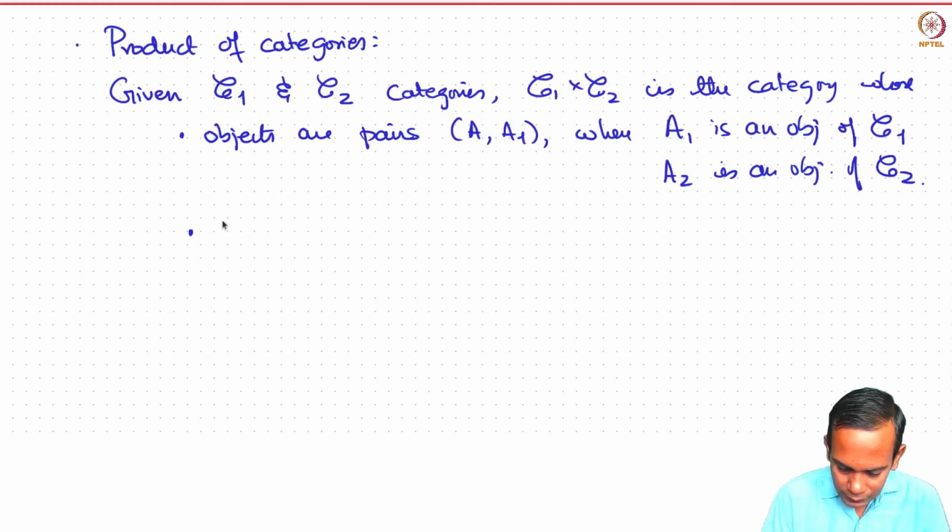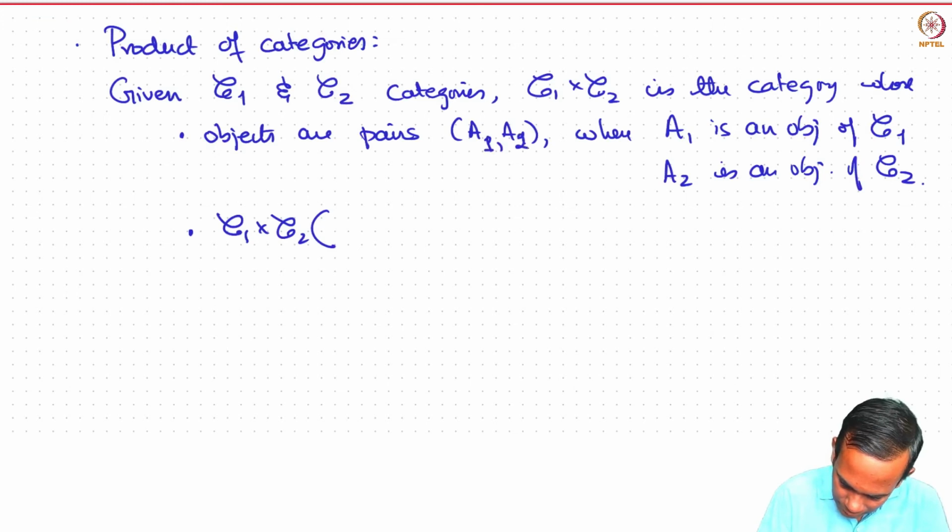We should also say what the morphisms are. For C1 cross C2, we have an object A1, A2 and another object B1, B2.